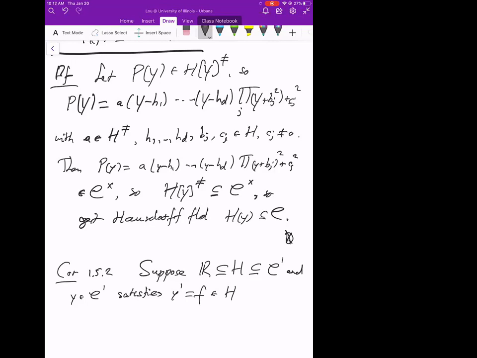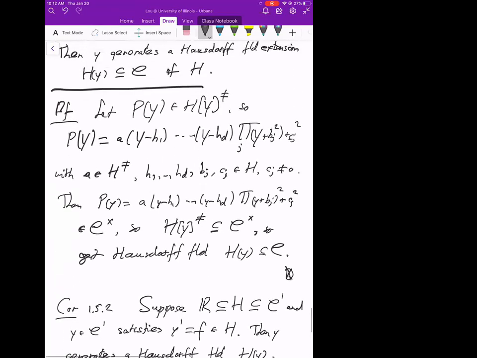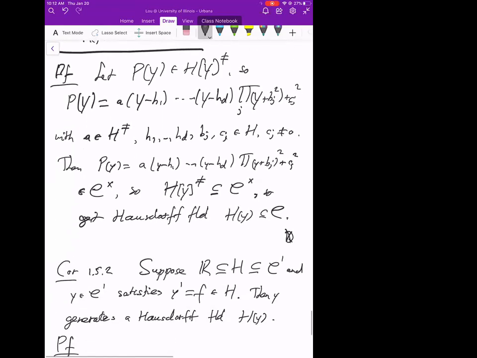Then I can join this to H and still get a Hausdorff field. Then Y generates a Hausdorff field extending H. Let me just write H(Y). And this is a nice application, I think, of this general lemma here.